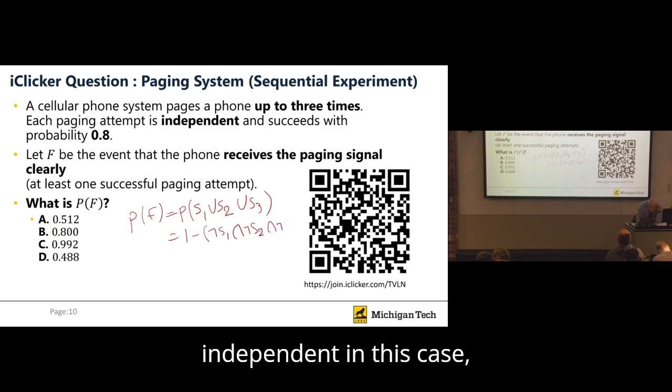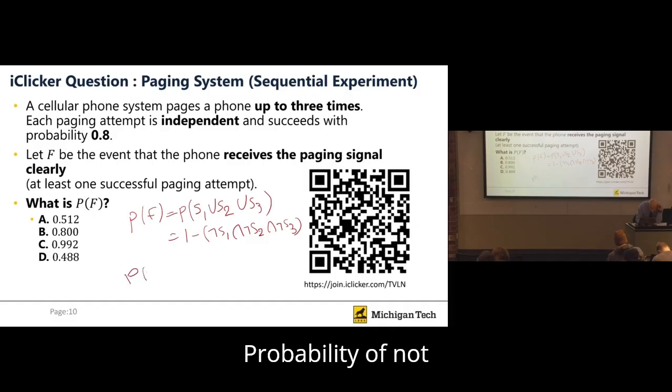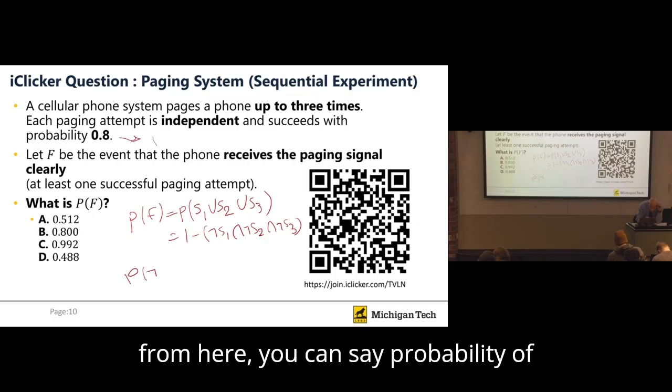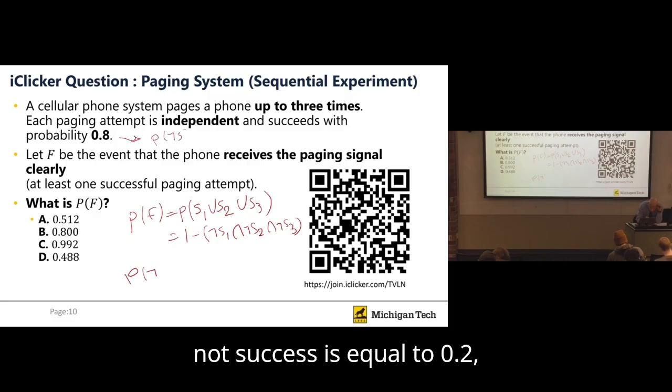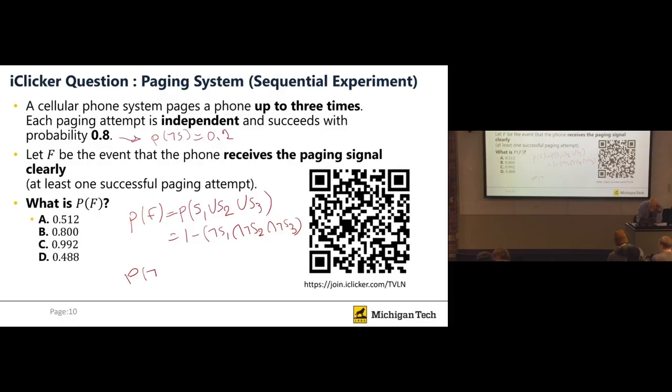And because they are independent in this case, probability of not success is equal to 0.2. And because they are equal, it is 1 minus 0.2 cubed.